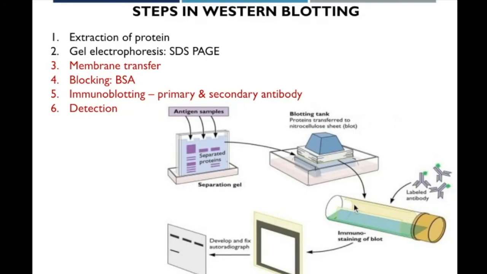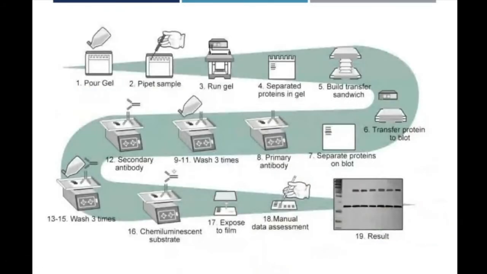For immunoblotting, you will incubate your membrane, this piece of paper, with labeled antibody, and then you will view it using an imaging system, or I still use the conventional traditional method, which is using X-ray film. Okay, so this is just a sequential step.